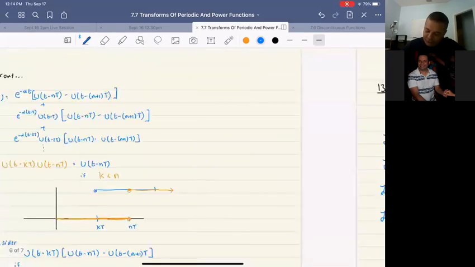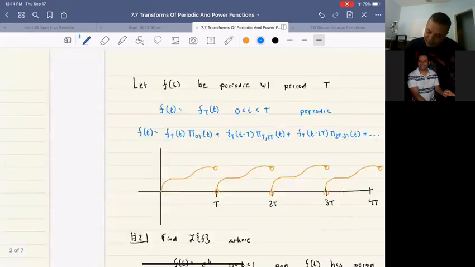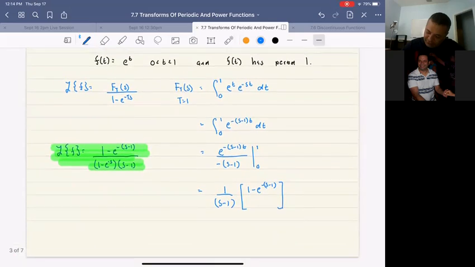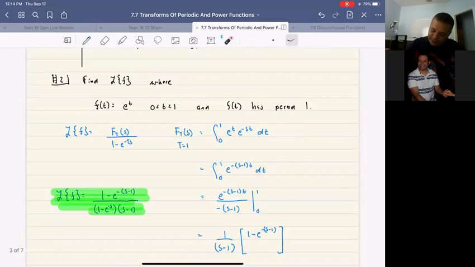Okay, so just the very first problem we did, right over here, number 2.